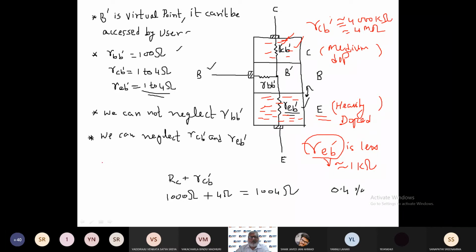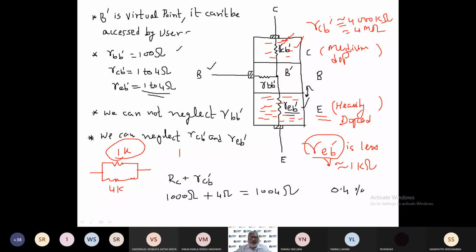If there are two resistances in parallel, one of 1K and another of 4K, then the equivalent value of the resistance will be near to this 1K.